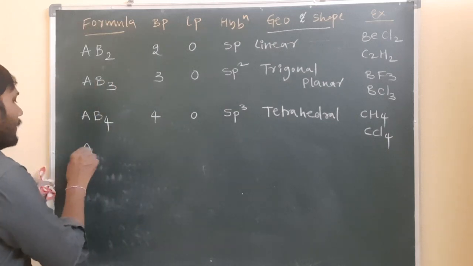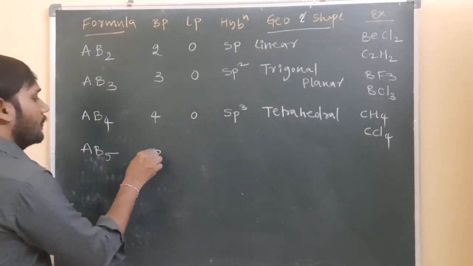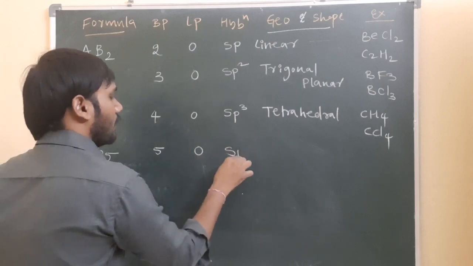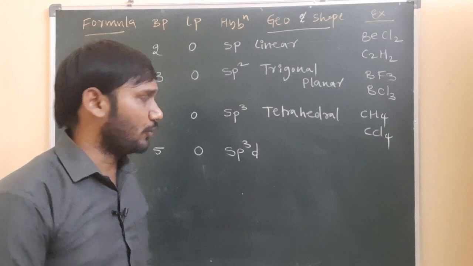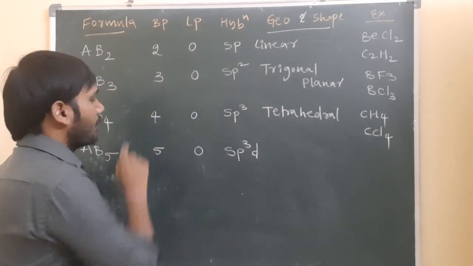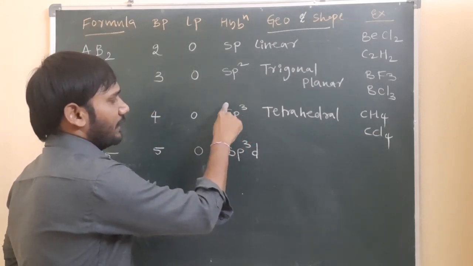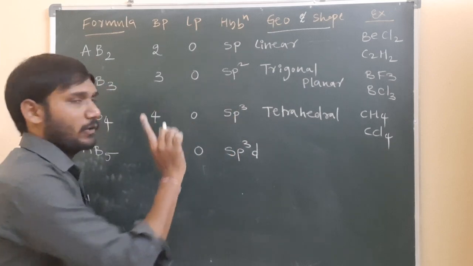Next one is AB5, which means 5 bond pairs, 0 lone pair, and sp3d. To identify easily: 4 bond pairs means p orbitals 3 and s orbital 1, 3 plus 1 equals 4.